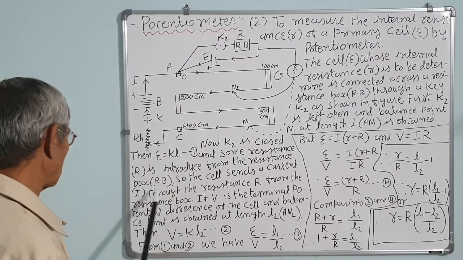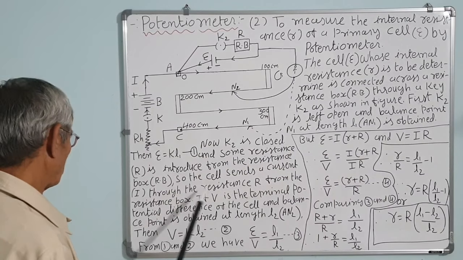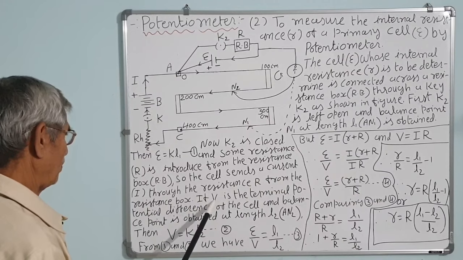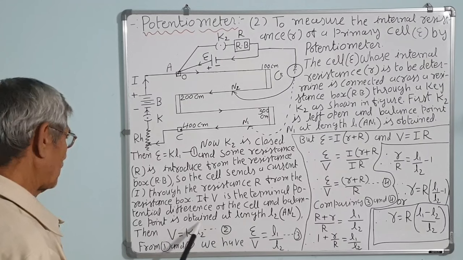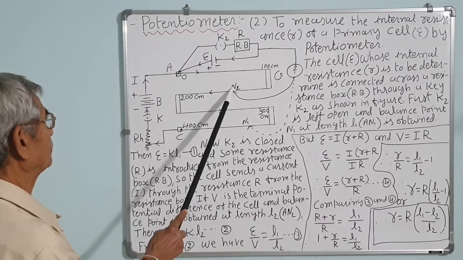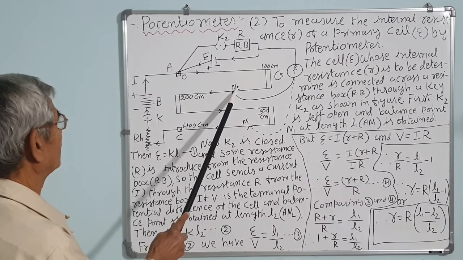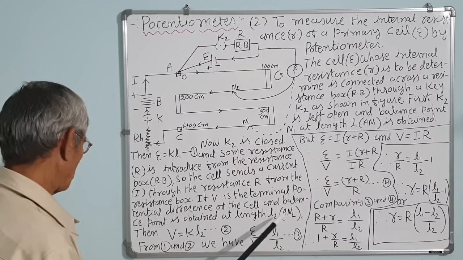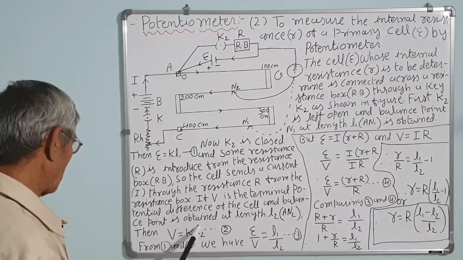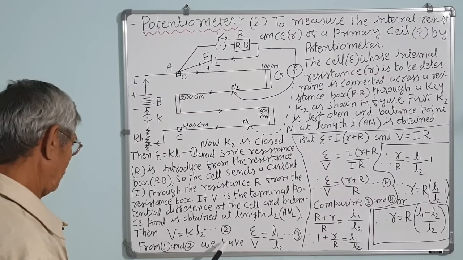So the cell sends the current I through the resistance R from the resistance box. If V is the terminal potential difference of the cell and balance point is obtained at the length L2, that is AN2, then V is equal to KL2, equation number 2.